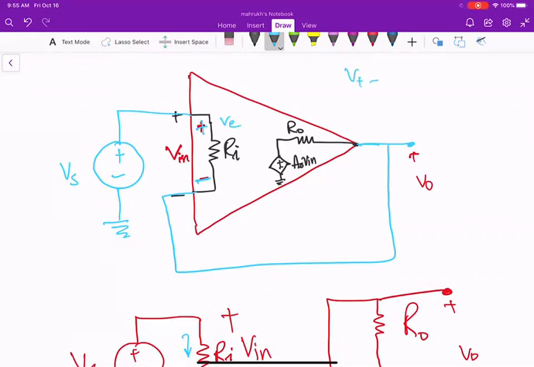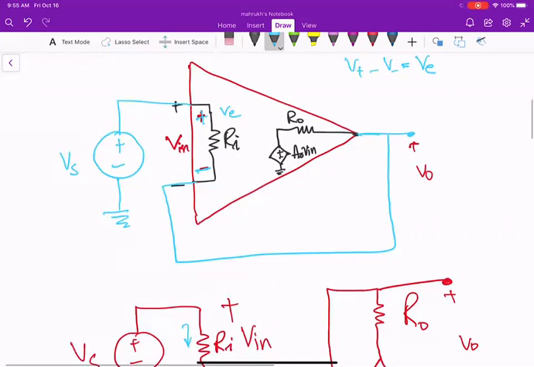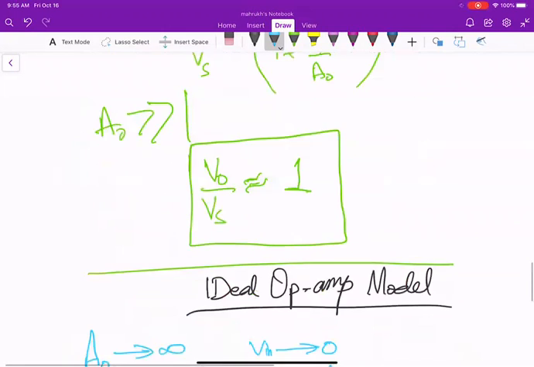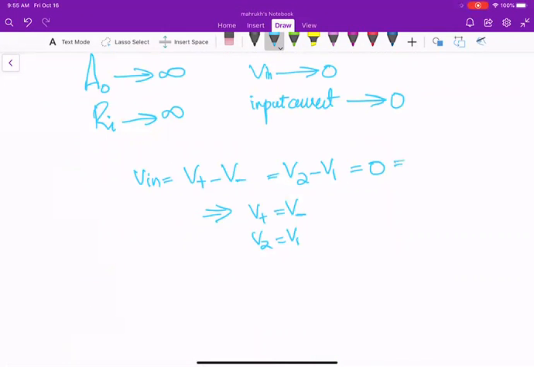So V plus minus V minus is also represented as VE, and VE should approach 0. Okay, we really need to know what these things mean. Is it clear why we have done that for the ideal op-amp model?